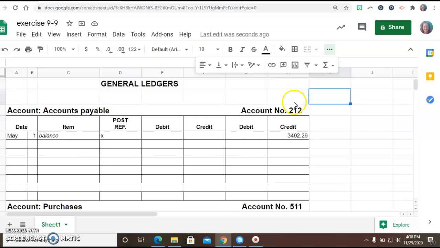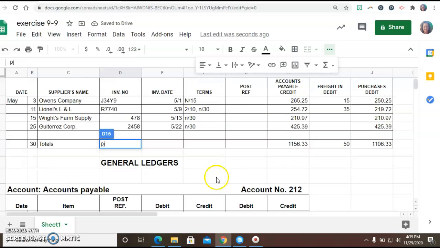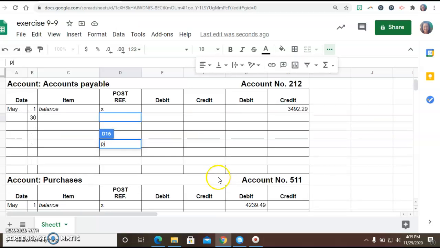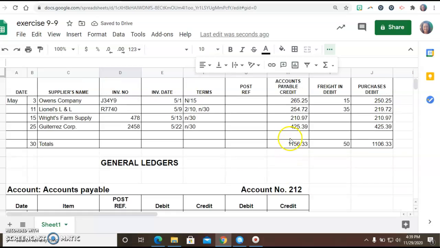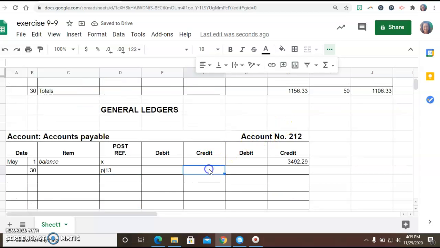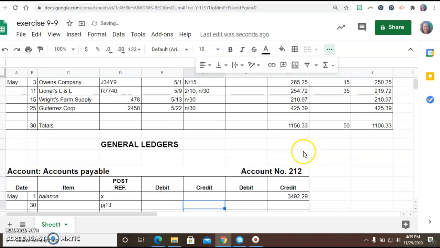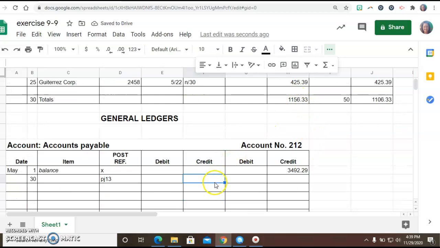And I'm going to go ahead and on the 30th, this time we're going to use PJ because it's Purchases Journal, page 13. So PJ 13. Okay, and we know it goes in as a credit. So our credit is right here, this 1,156.33.